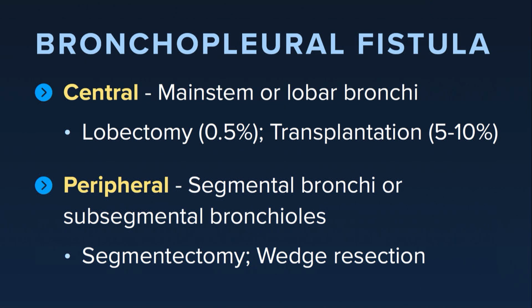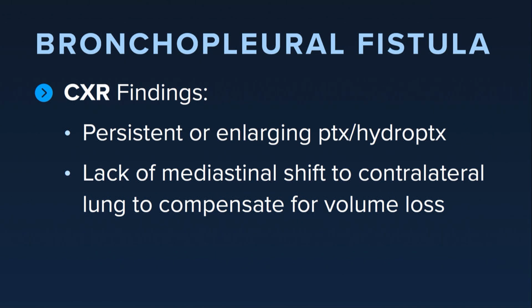Peripheral BP fistulas involve the segmental or subsegmental airways, and these are often self-limited. So even if you see them, they may not require intervention and they can resolve independently. Whereas the central ones, you're looking at perhaps a need for additional surgery, often some sort of muscle flap repair in order to treat that BP fistula.